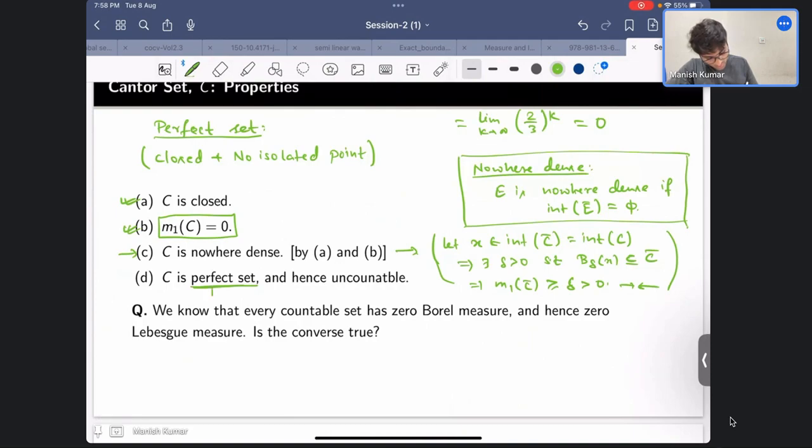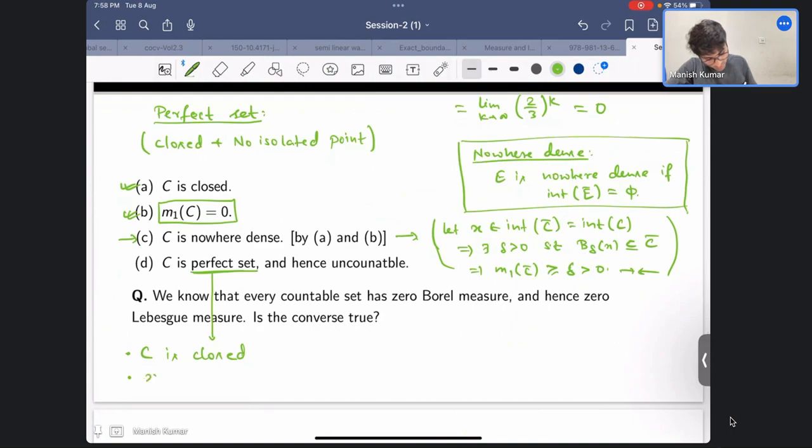Okay, so let me prove this one. So C is closed. Now the extra thing is to show that any point you take is a limit point. I mean it cannot be an isolated point. So choose X belonging to C, and take any neighborhood. X belongs to C, what does that mean?